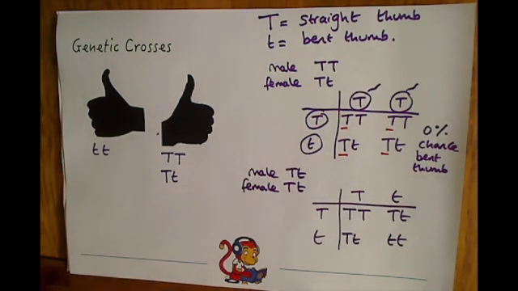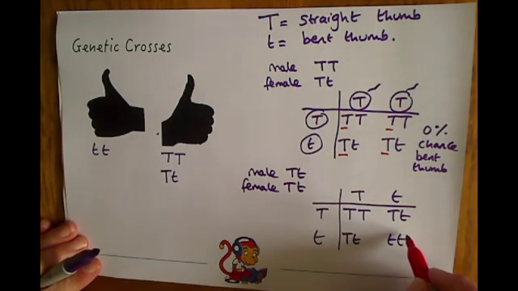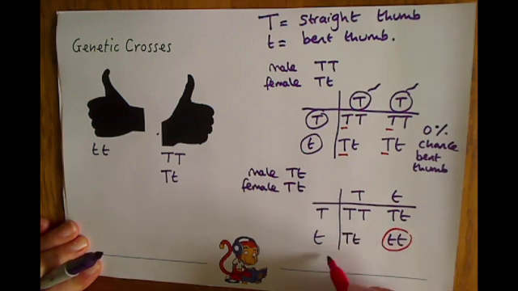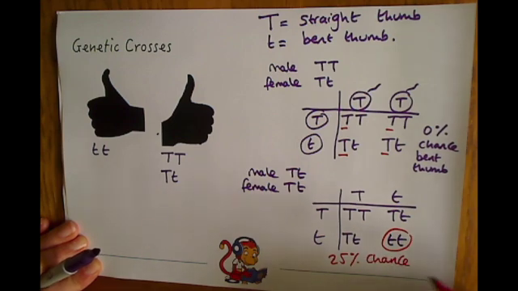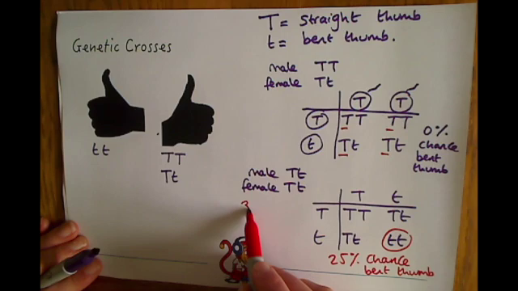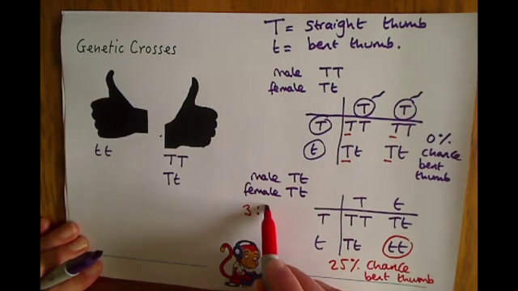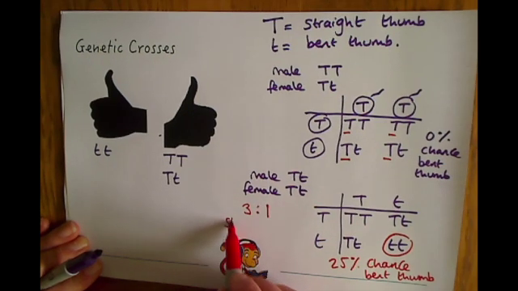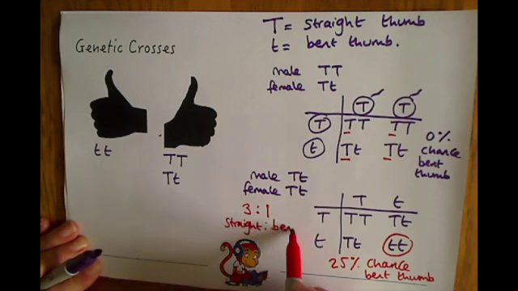And in this case, you can see that now you have a 1 in 4 or a 25% chance of having a child with a bent thumb, or the ability to bend their thumb, the hitchhiker's thumb. You can either write it as a 25% chance, or you can write it as a ratio, so 3 to 1 in the favour of straight to bent.